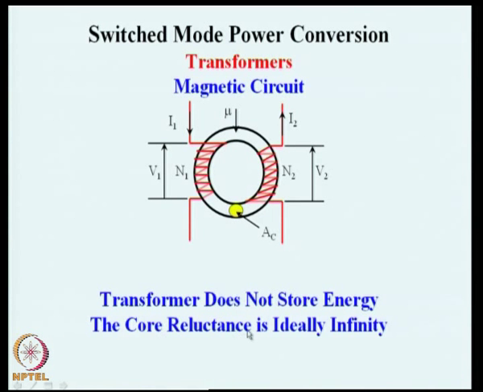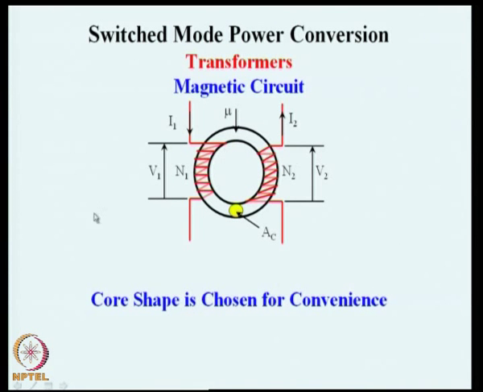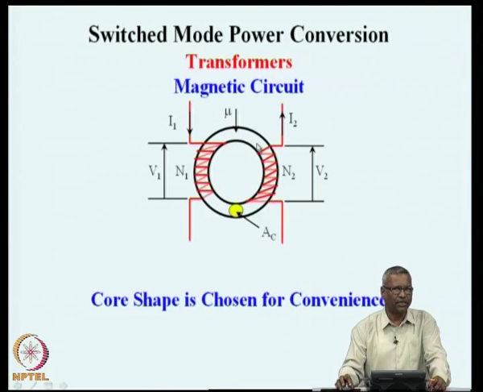The core reluctance is ideally L over A mu. The core reluctance I think is marked here as infinity. We should say core permeance is infinity or core reluctance is 0. The core shape is chosen more for convenience. In this case, in order to understand the concepts, I have shown it as a ring core, but we will see later that there are other shapes available.